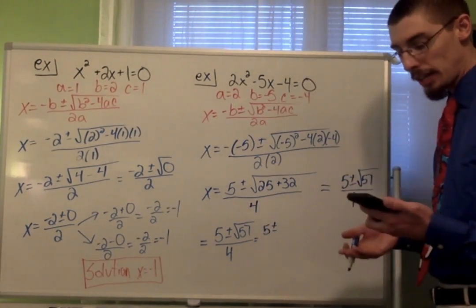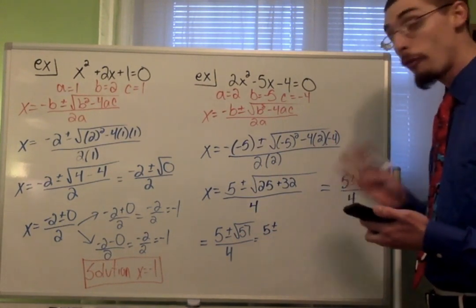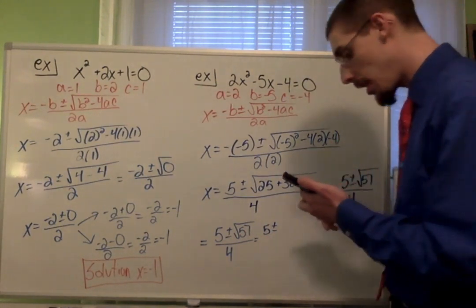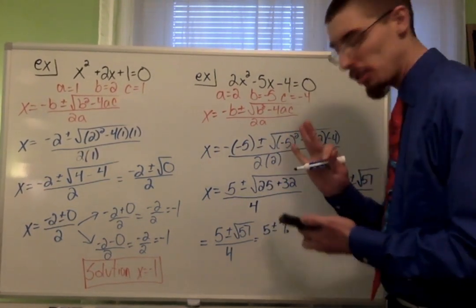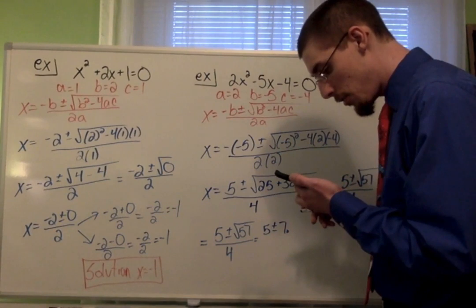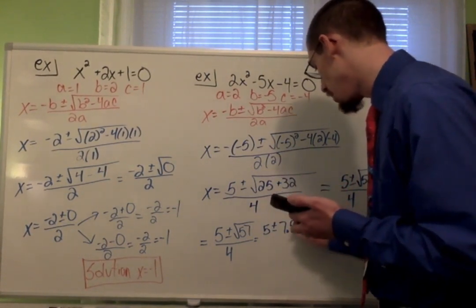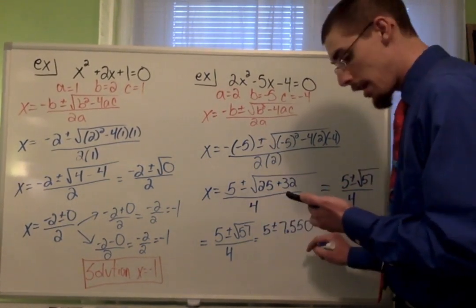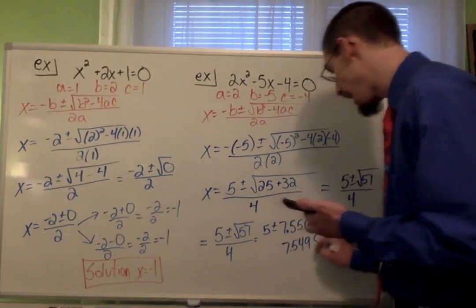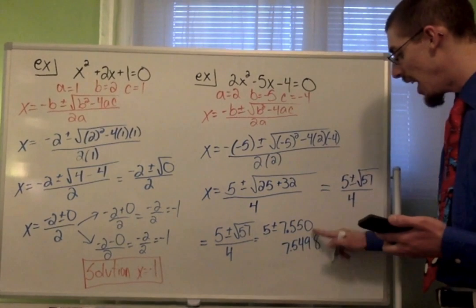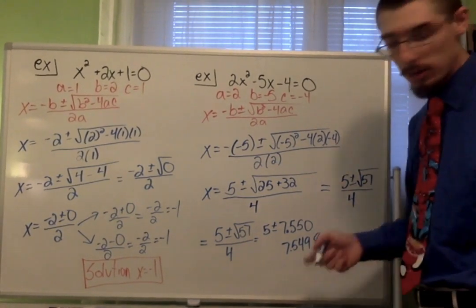Usually with these long decimals, I'm going to want 3 decimal places, sorry. Now really, it's 7.5498. The 8 bumps the 9 up, which bumps the 4 up, right?